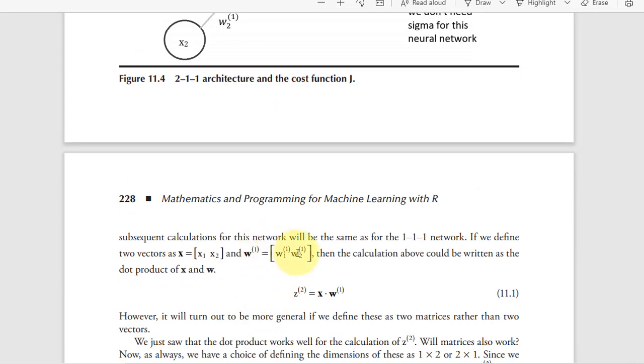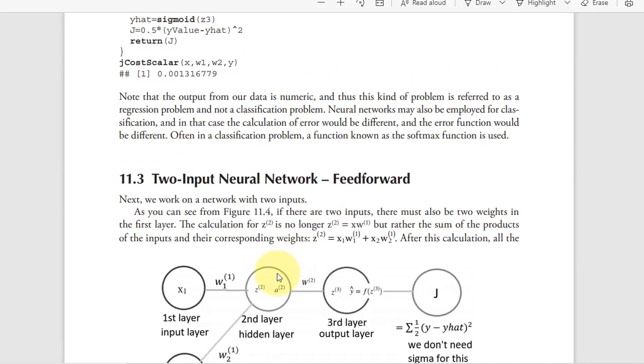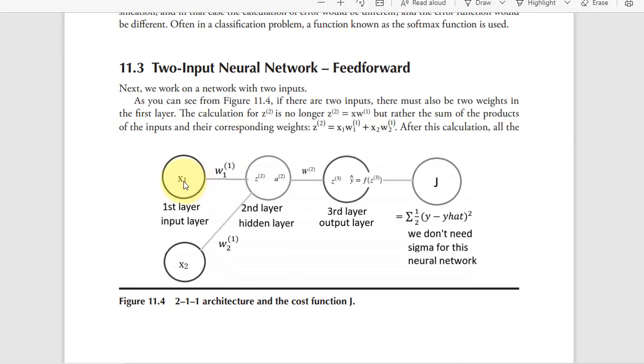And then to get the Z2 here, what do we do? What did we say? We're going to take this times this plus this times this. In terms of the two vectors, this is a vector x, and this is a vector w. If we take the dot product of that x vector with the w vector, we're going to get exactly what we want: this times this plus this times this.